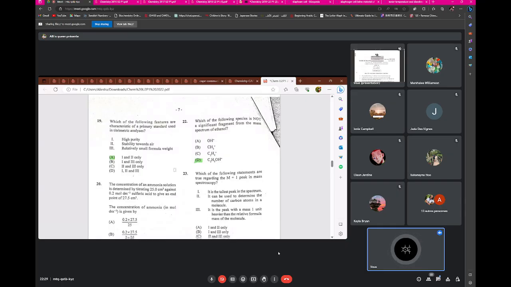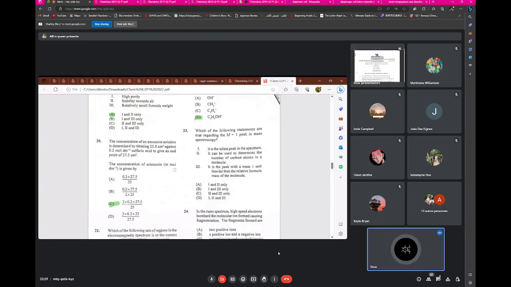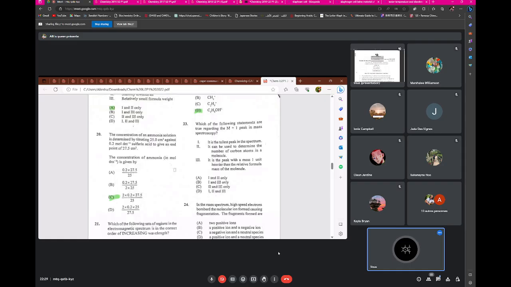Which of the following statements are true regarding the M+1 peak in mass spectroscopy? Okay. M+1 peak is the tallest peak? No. The base peak is. So it's not true. It can be used to determine the number of carbons, true, and it is a peak with a mass one unit heavier than the relative formula mass.